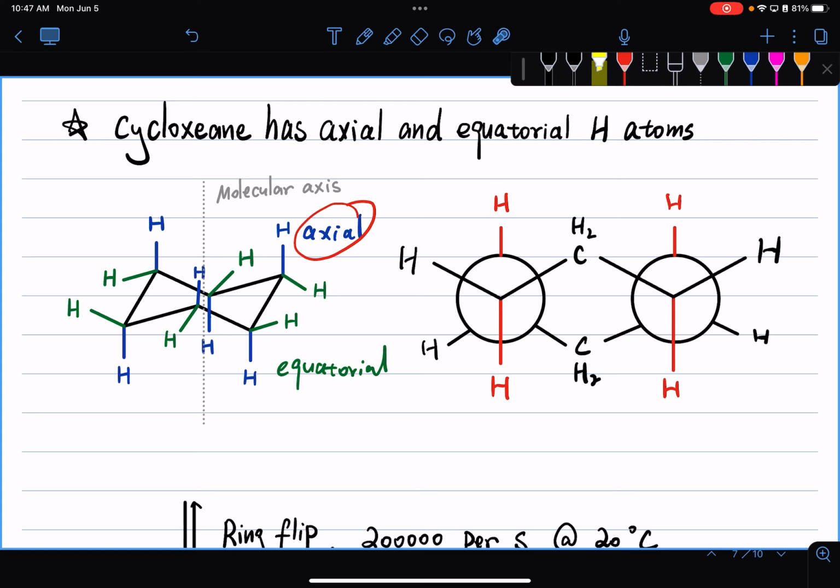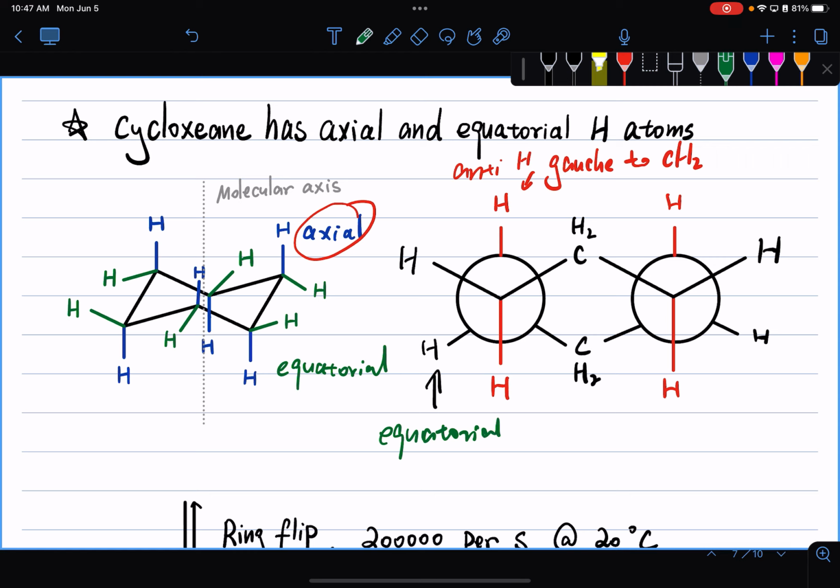They're away from your CH2 groups. The other way to put it is your axial hydrogens are gauche to CH2, and your equatorial hydrogens are anti to CH2.